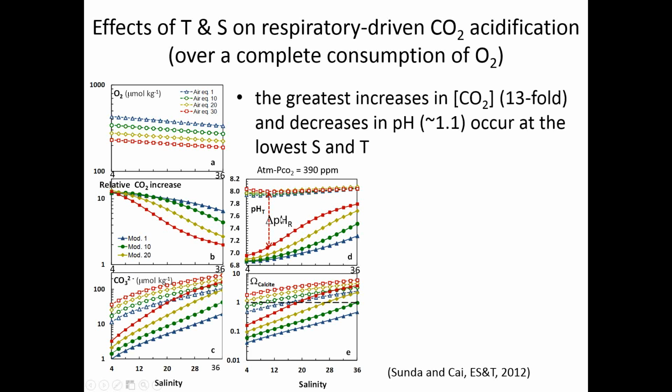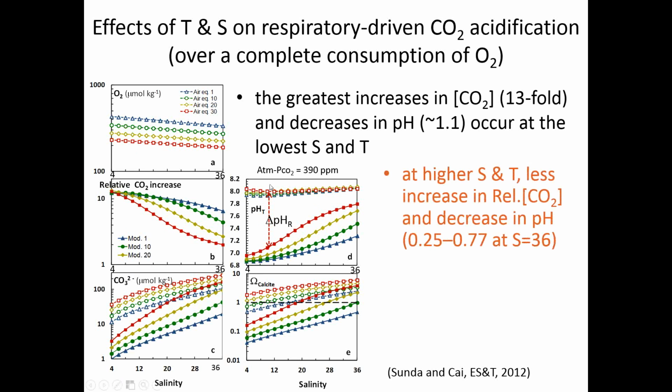the greatest increase in relative CO2, about 13-fold, and decrease in pH, about 1.1 pH unit, occurred at low salinity and low temperature water. That means these waters are less buffered.